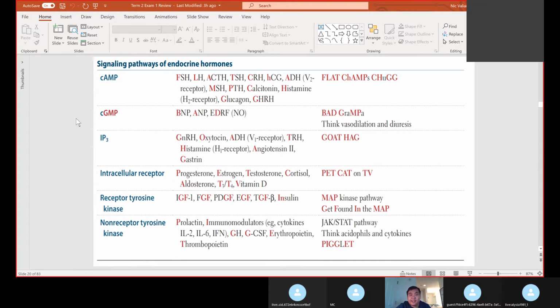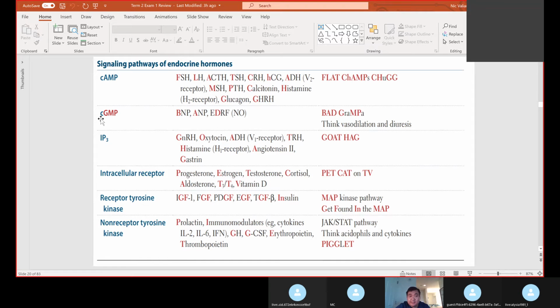You're going to ask me, Nick, should I memorize this? Sure, they're going to give you questions. Know the signaling pathways, know the hormones that act on each signaling pathway. There's a lot. Just memorize them. I always hated plain memorization, but for this, please make sure you memorize them. For cyclic AMP, the hormones that use that signaling pathway are your FSH, LH, ACTH, TSH, CRH.